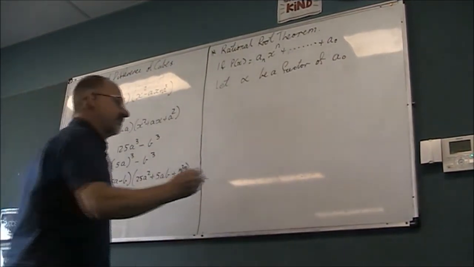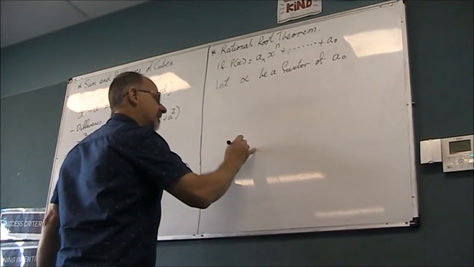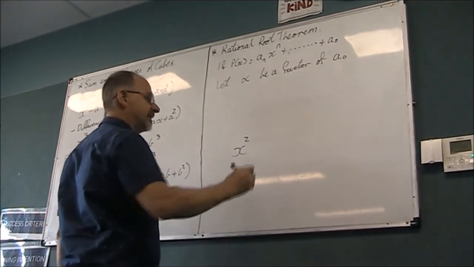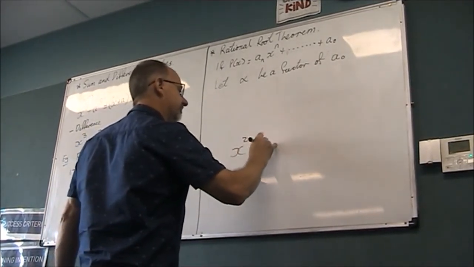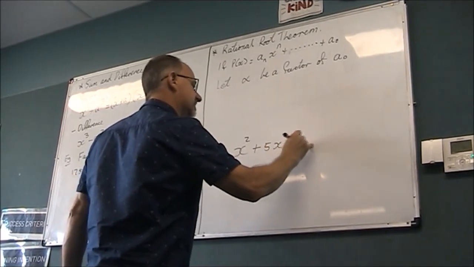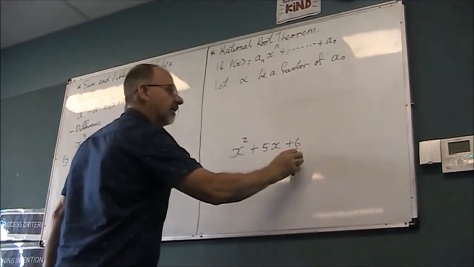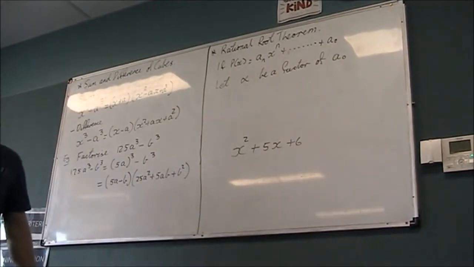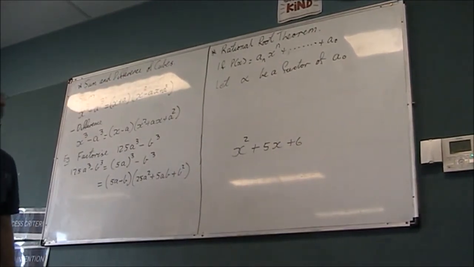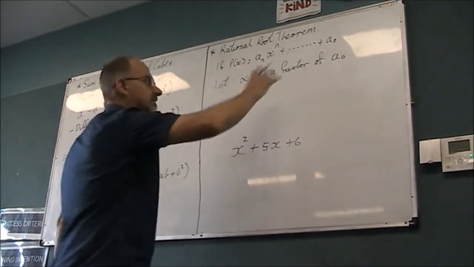Remember when you first did polynomials, so x squared plus 5x plus 6, what did we do? We looked for factors of the number on the end first, didn't we? All right, so it's looking at the same thing.